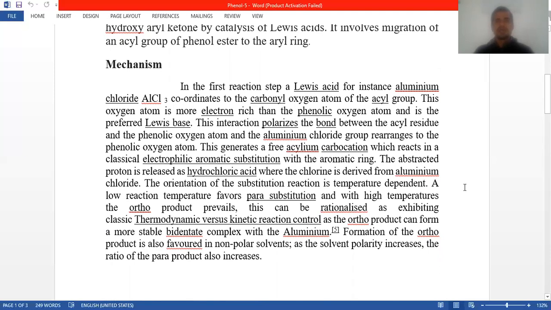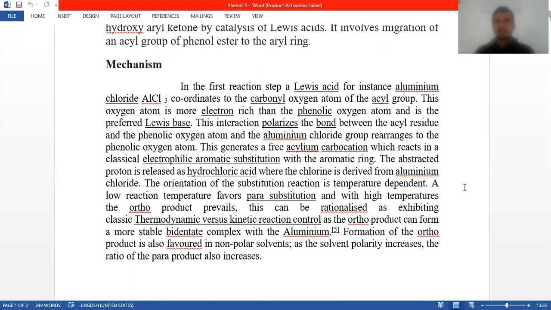In the first reaction step, a Lewis acid, for instance aluminum chloride AlCl3, coordinates to the carbonyl oxygen atom of the acyl group. The acyl group oxygen atom coordinates to the AlCl3, the Lewis acid. This oxygen atom is more electron rich than the phenolic oxygen atom and is the preferred Lewis base.